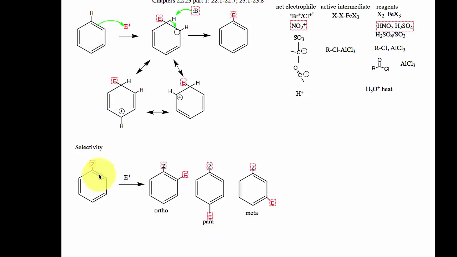It's also true that different Z groups will have different regioselectivities, and for reasons based on the mechanism, a given Z group will tend to either favor ortho plus para products or meta products. The reasons for favoring ortho plus para products are similar but not identical for the other groups that prefer meta products.